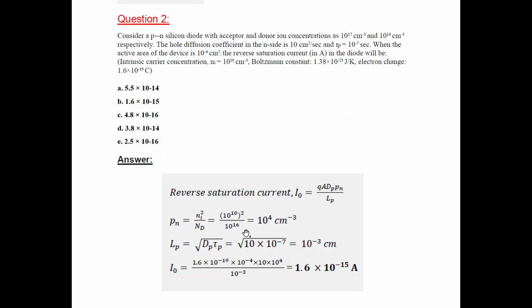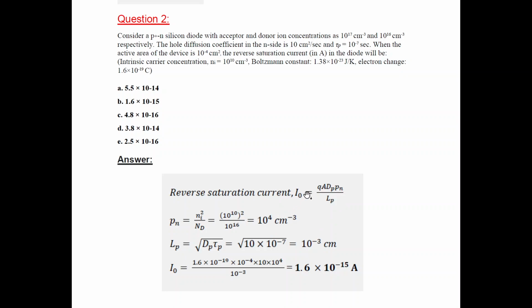So from here we calculated pn. Now we had the value of tau p. From there we calculate the value of Lp. Lp equals the square root of Dp tau p, that means 10 cross 10 to the power minus 7, that is 10 to the power minus 3 centimeter. Now we know the formula of reverse saturation current, which is q a Dp pn over Lp.